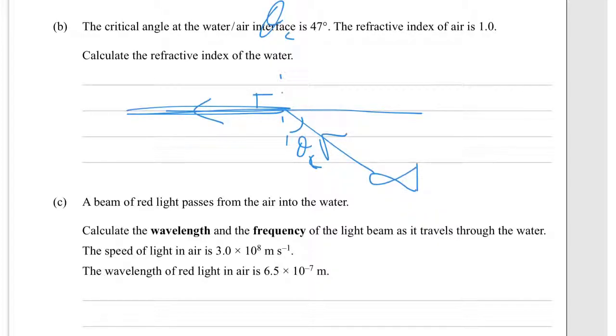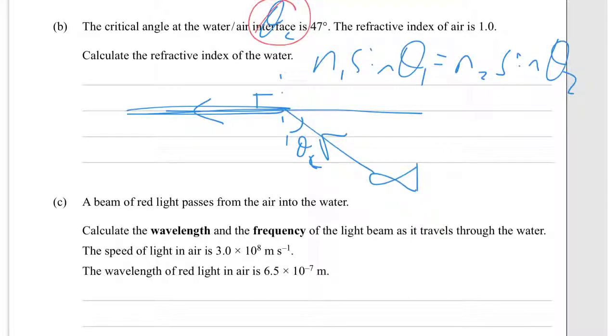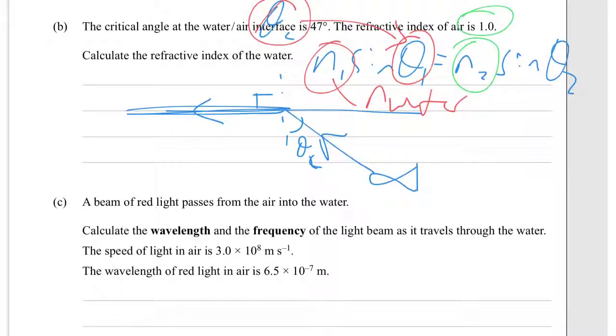So this is going to use Snell's law. n1 sine theta 1 equals n2 sine theta 2. And theta c can be theta 1. And n1 therefore is going to be the refractive index of the water, because the water goes with the angle in here. Different colour, green. n2 is going to be the refractive index of air, and theta 2 is going to be our 90 degrees.